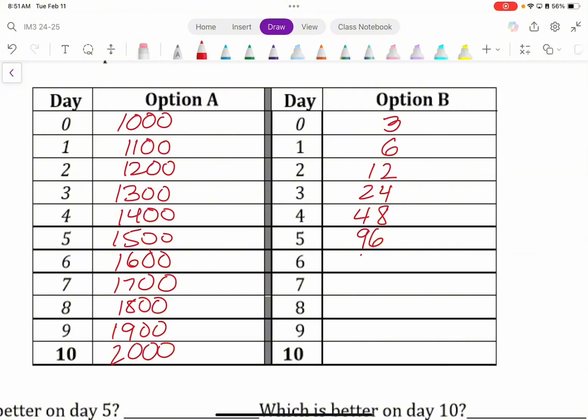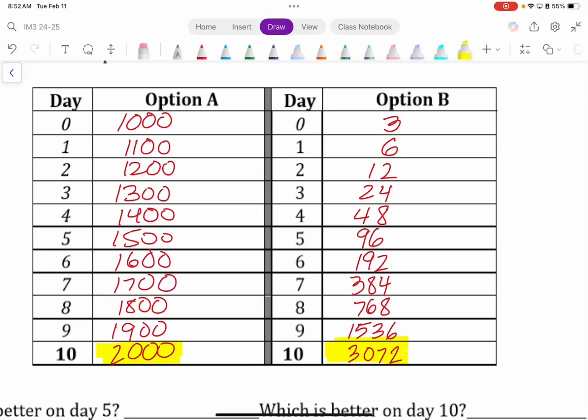What comes next? 192, 384, 768, 1,536, and then 3,072.